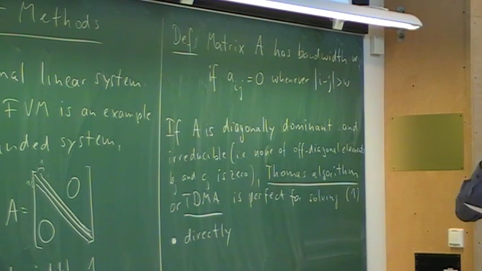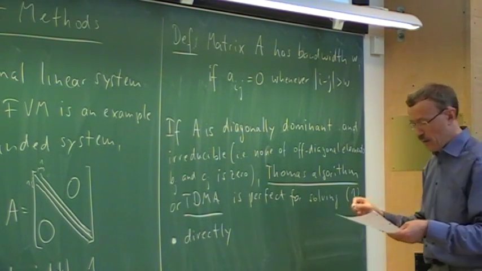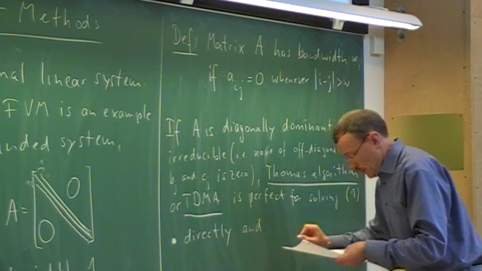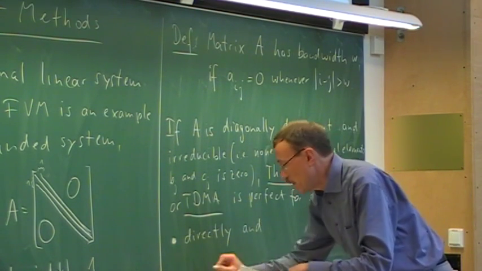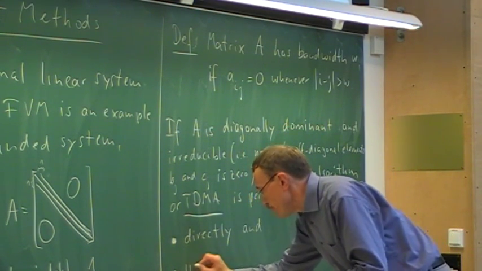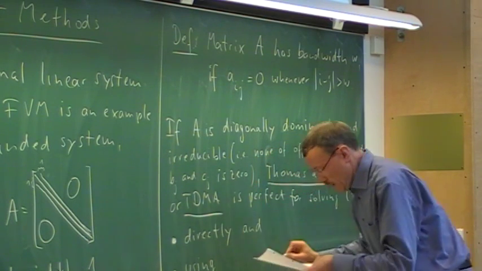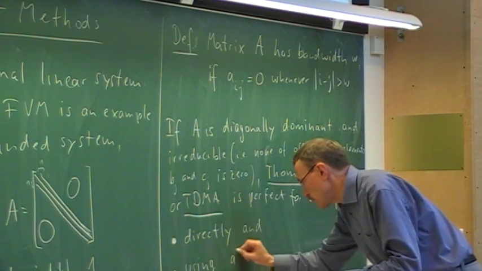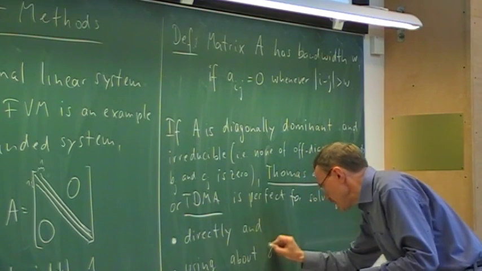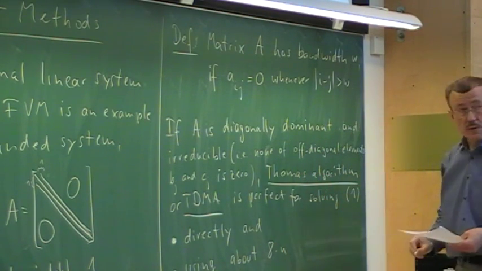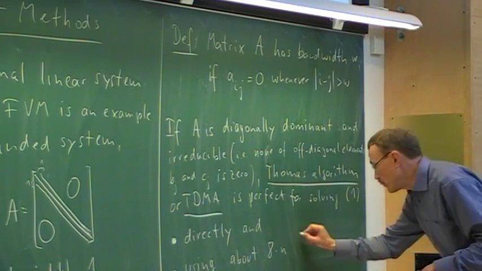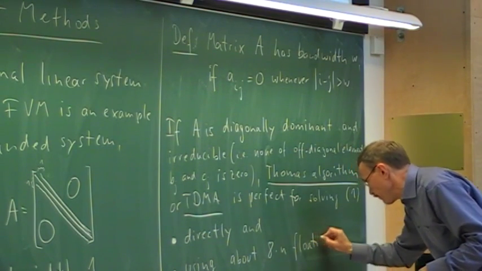That means a direct solution, without any iteration. And what you need there is about 8 times the number of unknowns floating point operations.